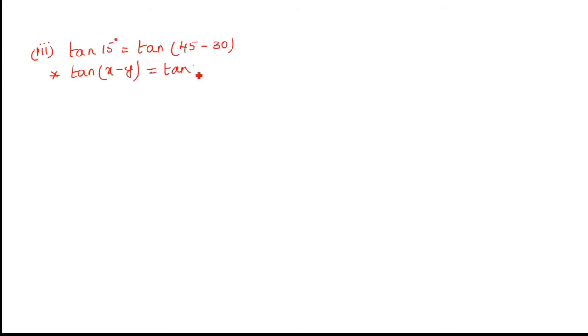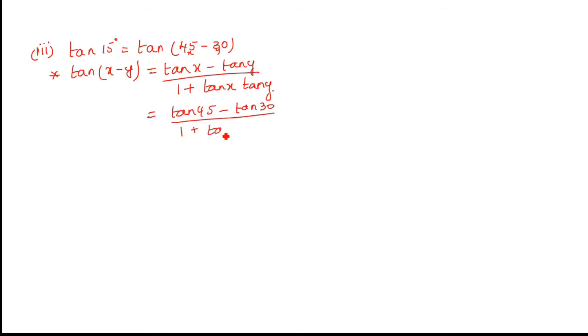Tan x minus tan y, whole divided by 1 plus tan x into tan y. So this is x and y, substitute. Tan 45 minus tan 30 divided by 1 plus tan 45 into tan 30. Tan 45 is 1, tan 30 is 1 by root 3, substitute.